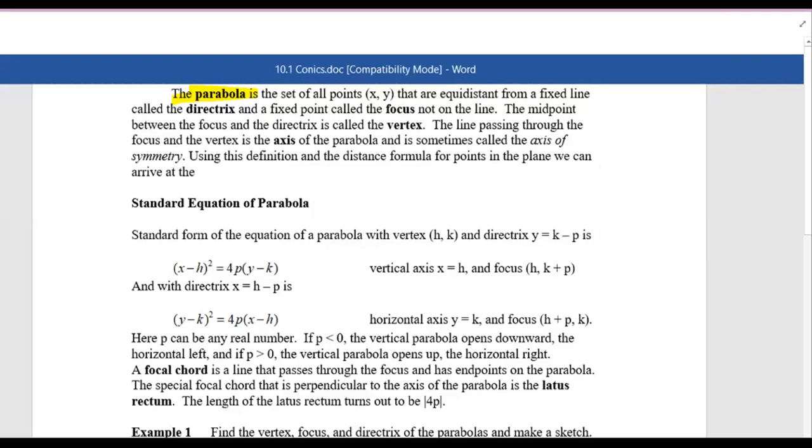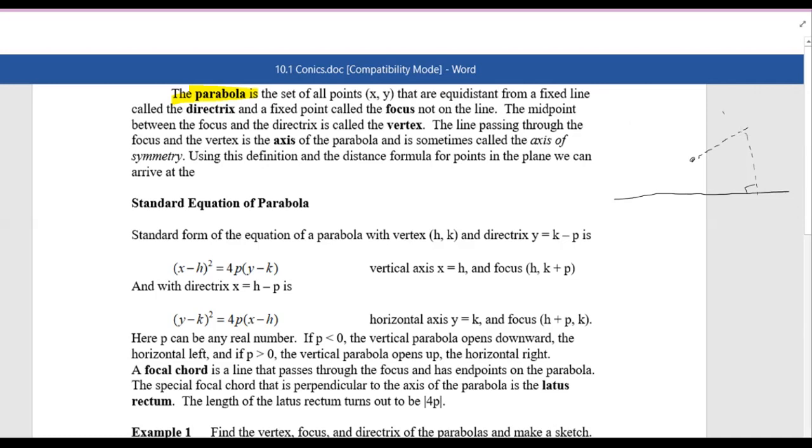will be the parabola, and the parabola is formed if you take a line and fix a point, and then take a set of any other points whose distance from this fixed point to this line is the same.